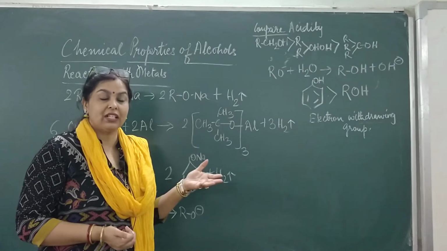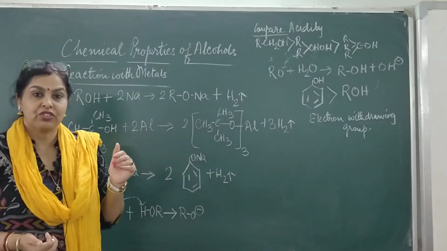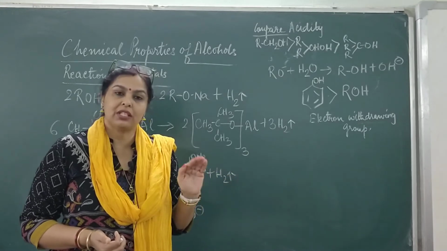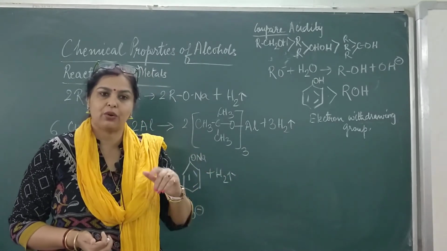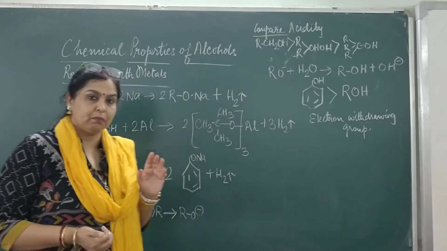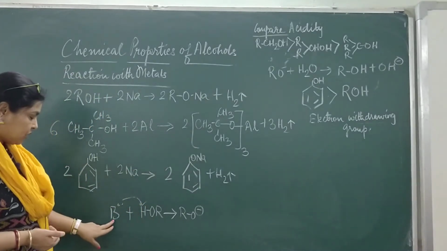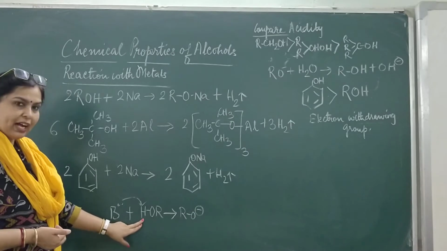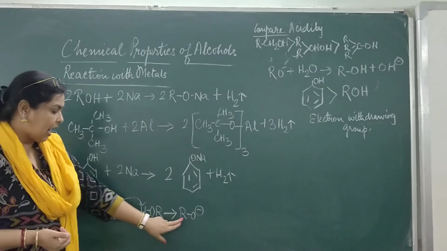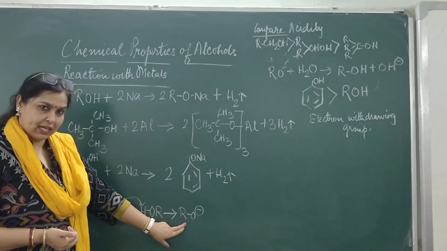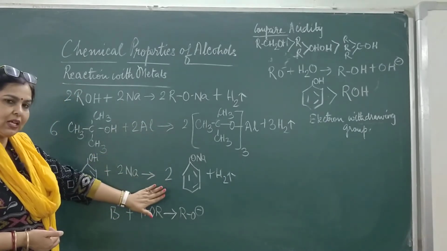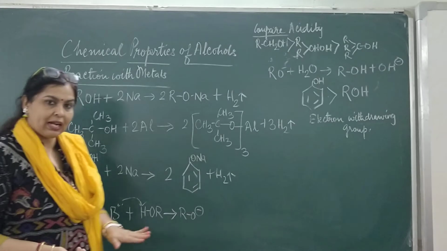You must have studied Bronsted theory in class 11: the one which loses hydrogen is an acid, the one which takes hydrogen is a base. Suppose there is a base here, it takes a hydrogen from the alcohol and forms alkoxide.